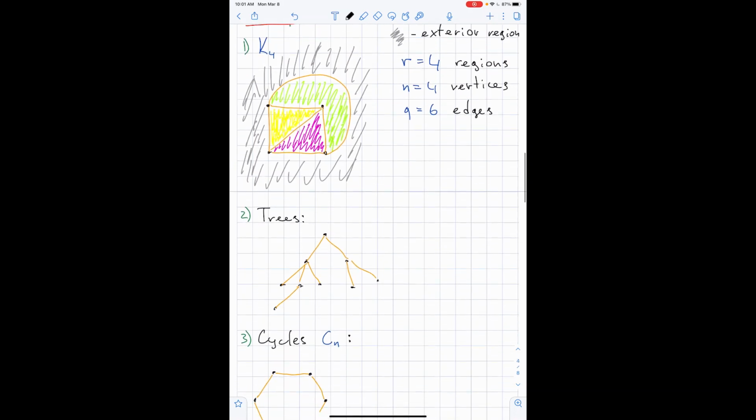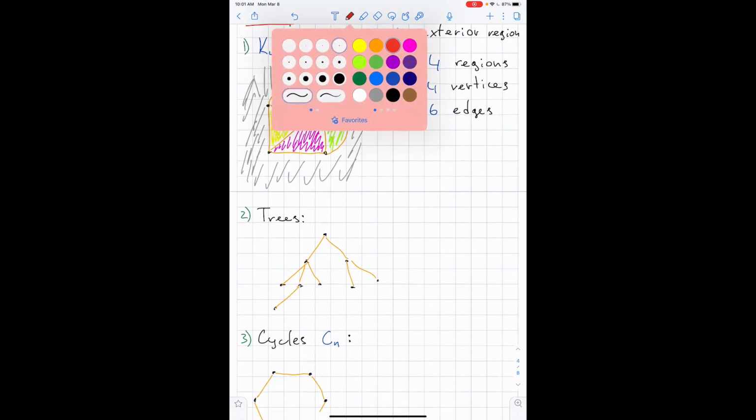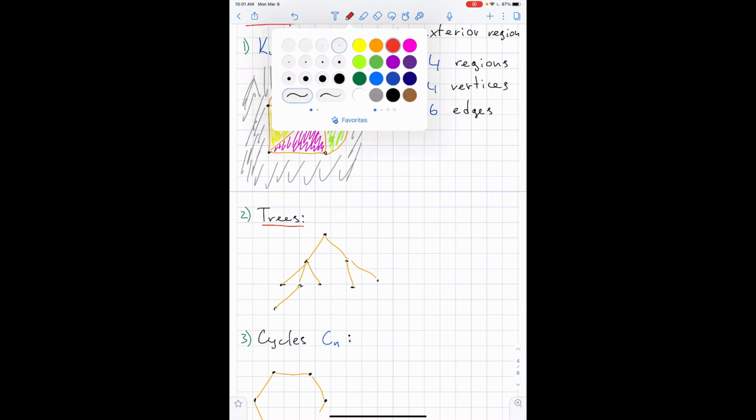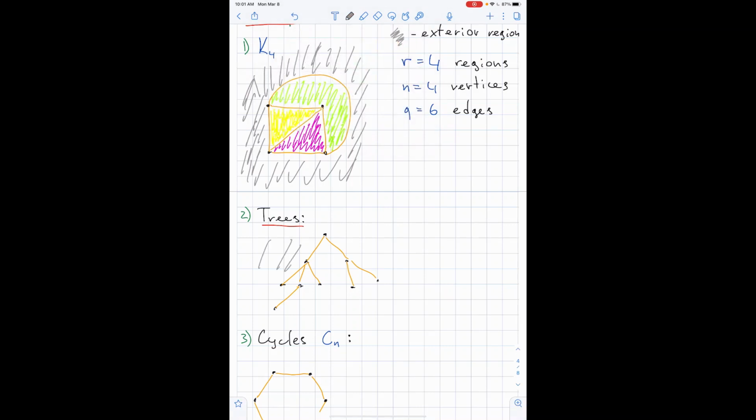Now, my next example is about trees, and I've drawn a tree here, just for illustration. But the point is that if I have a tree, then we just have one region here. Because a tree does not have any cycles, that means that we can go around it and reach any point in the complement without crossing the tree.